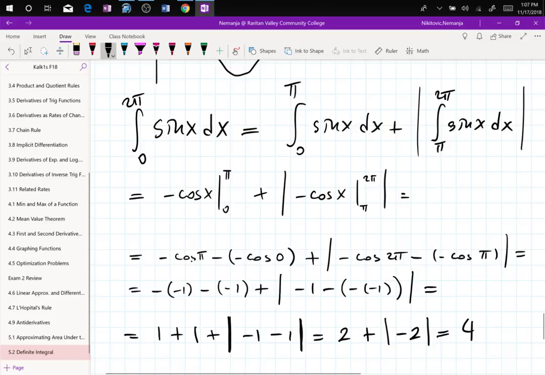One more problem from homework. They want you to compute the integral from 0 to 4 of x times x minus 4 dx.